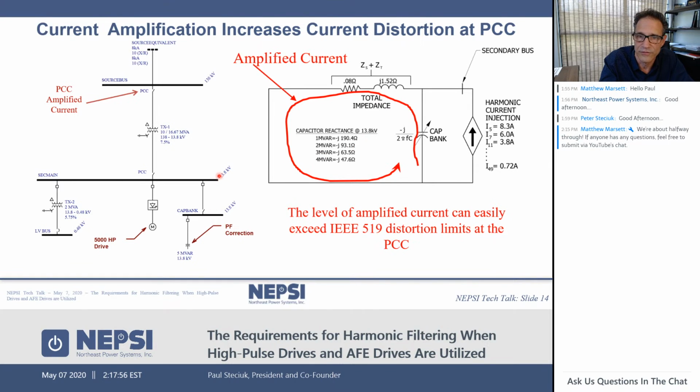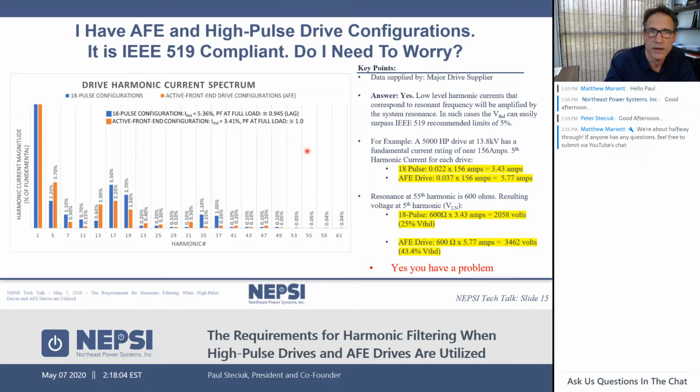We've also shown that voltage distortion can easily exceed 5%, and that's above and beyond what would normally be considered acceptable, that 5% value. I've taken an example. We have a major drive supplier who has supplied some data, and this is a pretty good representation for what you could expect for drive harmonic currents for both an 18-pulse drive and an active front-end drive.